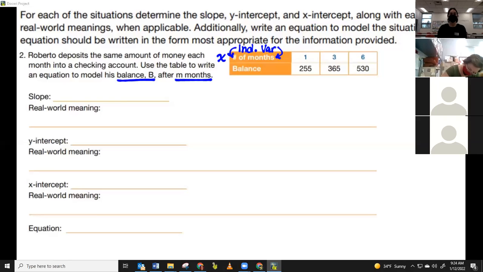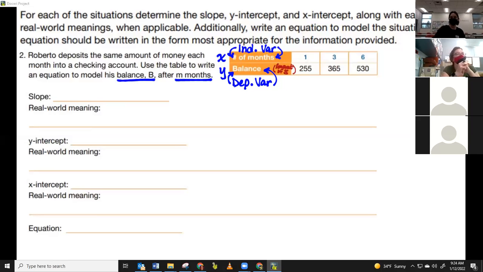And so that means balance is like my Y. That's my dependent variable. You guys know what balance means if I'm talking about a bank account? Can anybody tell me what balance means? Amount of money you have. Yes. Balance would be amount of money, and I'll make that smaller so that I'm not covering up those numbers.